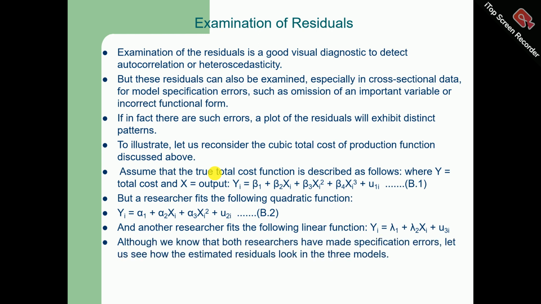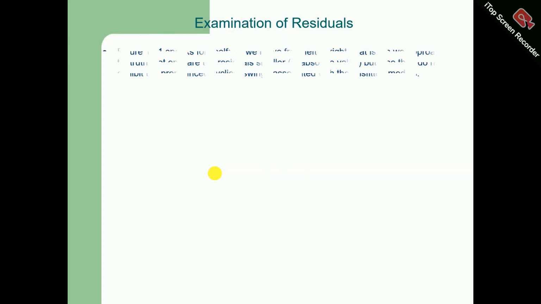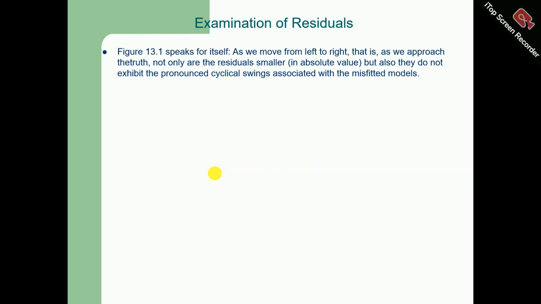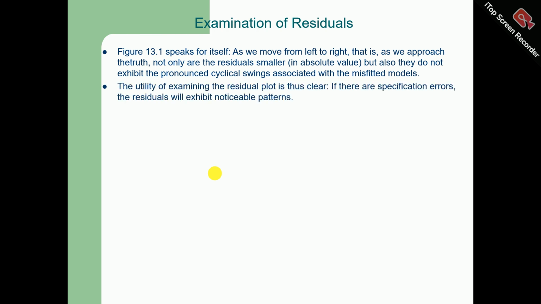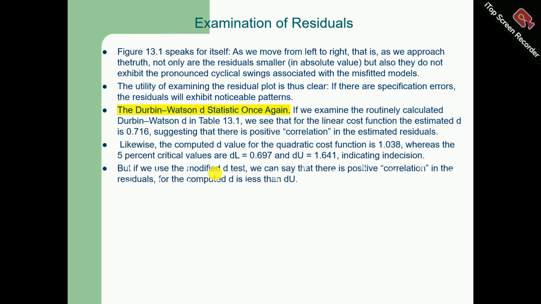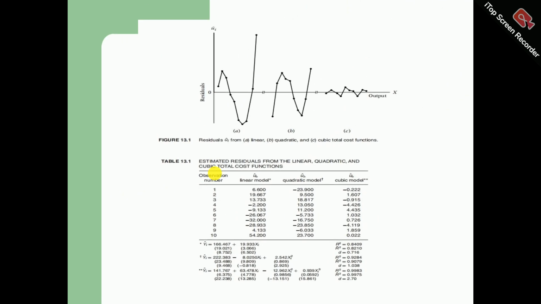Although we know that both researchers have made specification errors, let us see how the estimated residuals look in these three different models. Let us see in the following figure, it speaks for itself. Here, these are the residuals of the three different models: the first one is for the linear, this one is for the quadratic model, and this one is for the cubic total cost of production function.